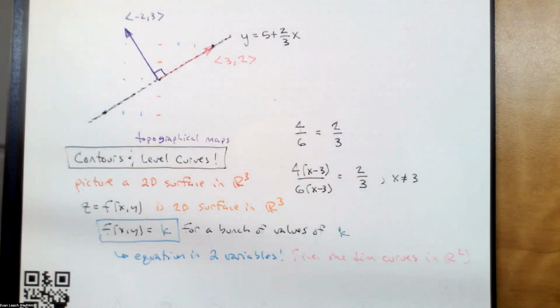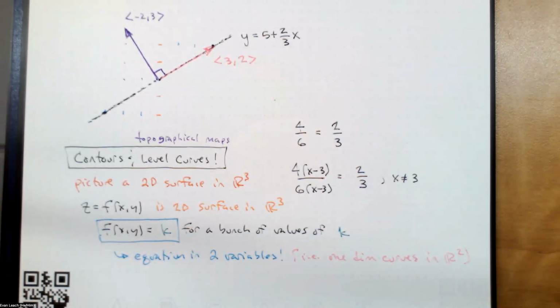We need to build a library of surfaces where we look at an equation and we can imagine what the surface looks like. Just like you've got a whole library of functions in your memory. Y equals mx plus b, you're picturing a line. Y equals ax squared plus bx plus c, you're picturing a parabola.